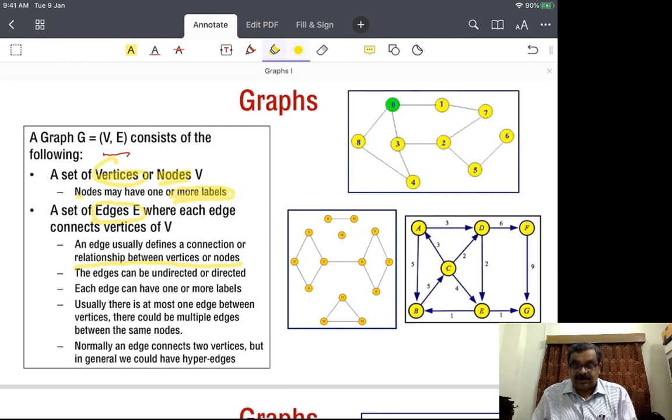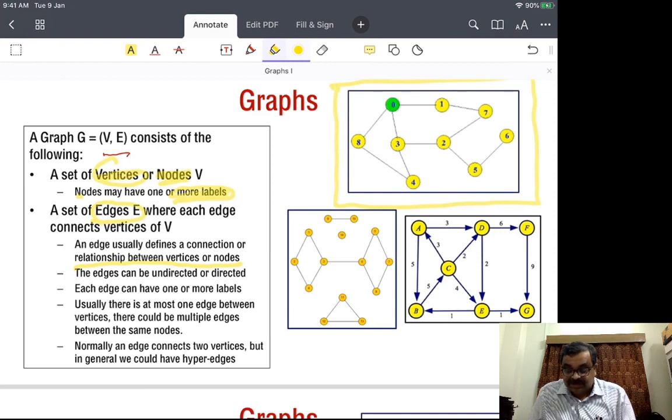Let us consider this example here. In this example, as you can see, we have 9 vertices: 0, 1, 2, 3, 4, 5, 6, 7, and 8.